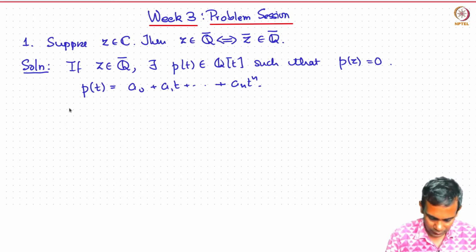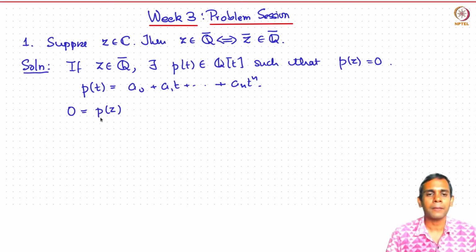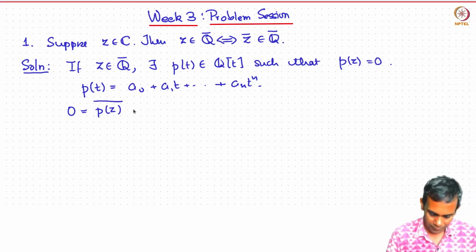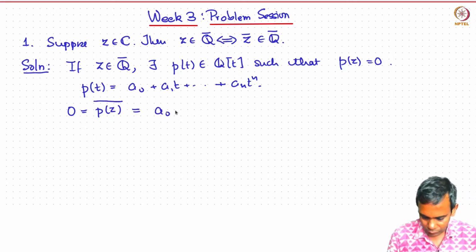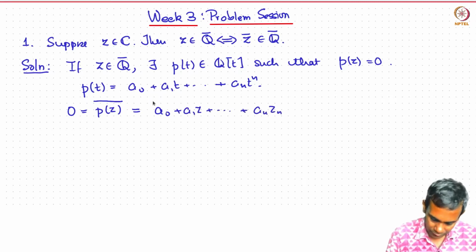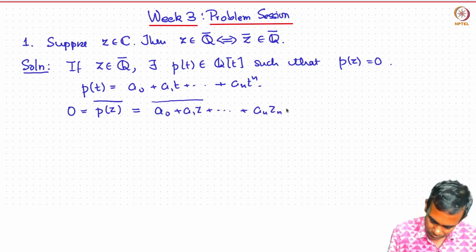This is because 0 is p of z. Taking complex conjugates, we get that p of z, the whole thing bar, is 0. But this is a0 plus a1 z plus ... plus an z to the power n, and we take the bar of this whole thing.